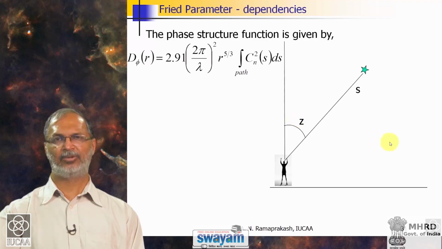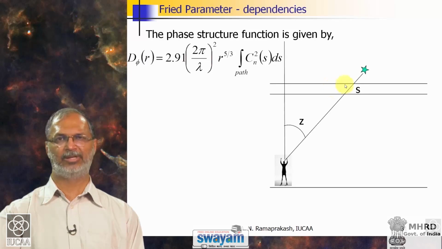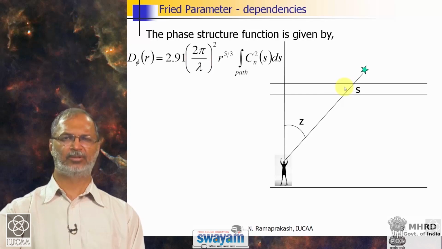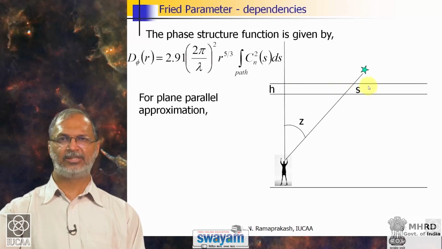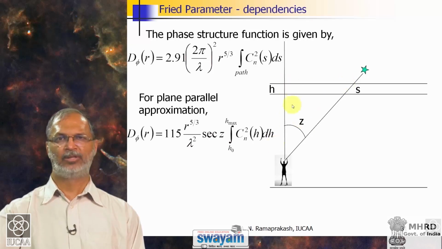Then you can show that for certain kinds of atmospheric conditions, like the plane parallel approximation, you can denote this effective path length through the atmosphere, which is this S, by the path length toward the vertical direction multiplied by sec z.